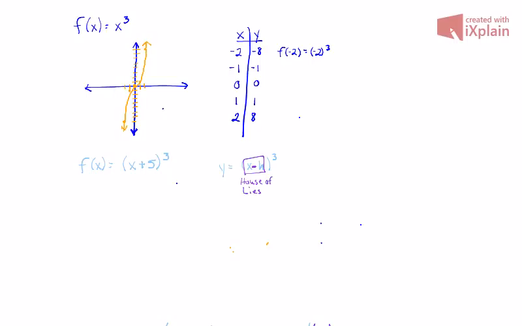So in this situation, this is a horizontal shift. In other words, I'm going to be either going left or right. So keep in mind the idea of house of lies. If I'm seeing a +5 in there, that means that I want to move to the left 5 units. The reason being is I could rewrite this so that it fits the structure a little bit better.